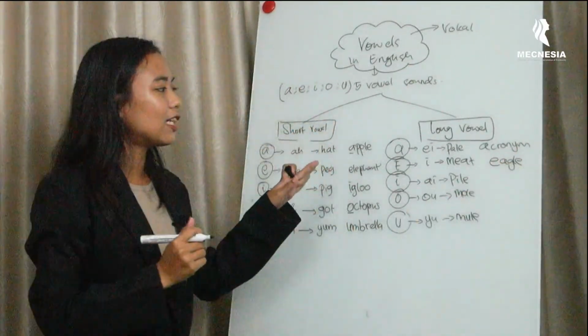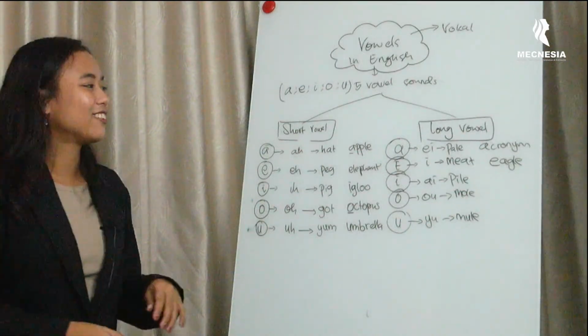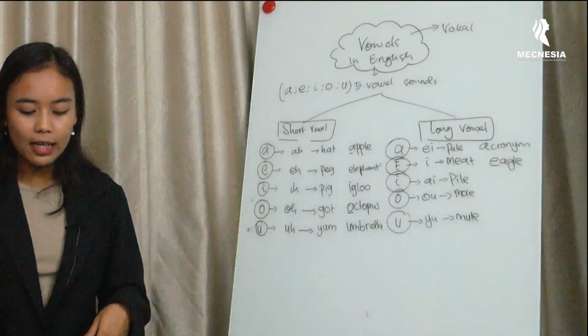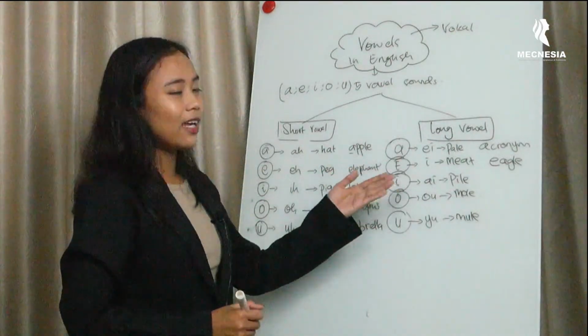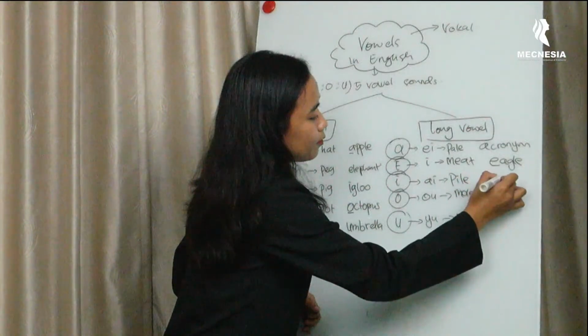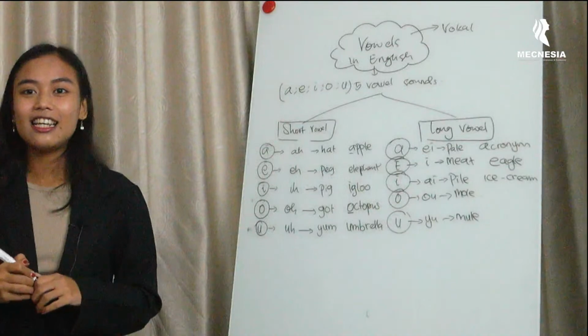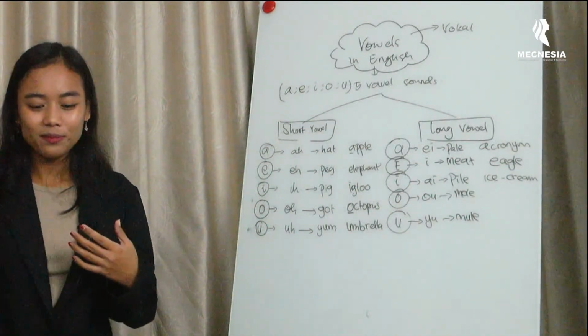Jadi kalian bisa ingat dengan mengingat kata eagle. Eagle. E. The next one is I, as in ice cream.